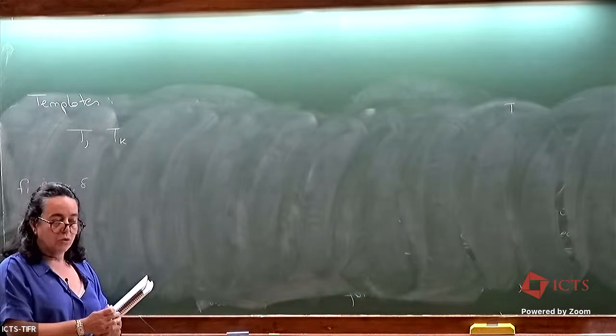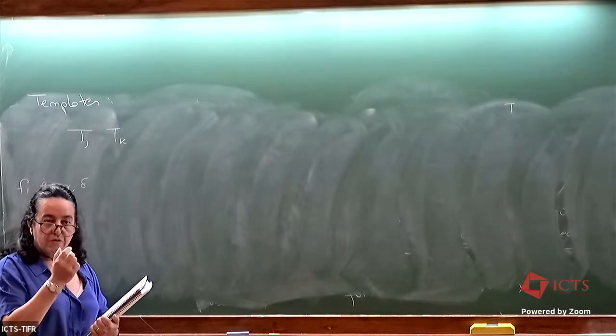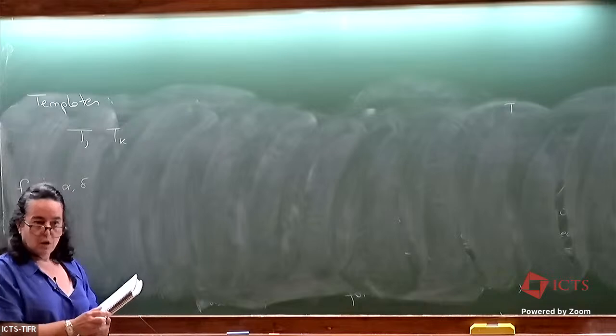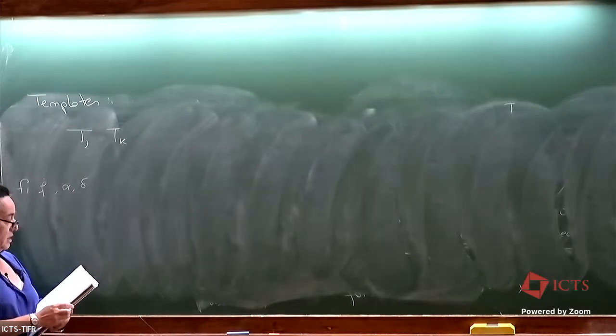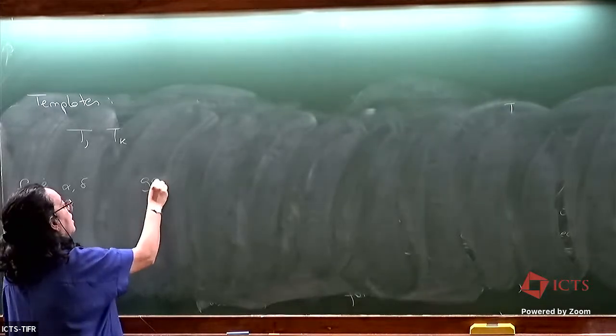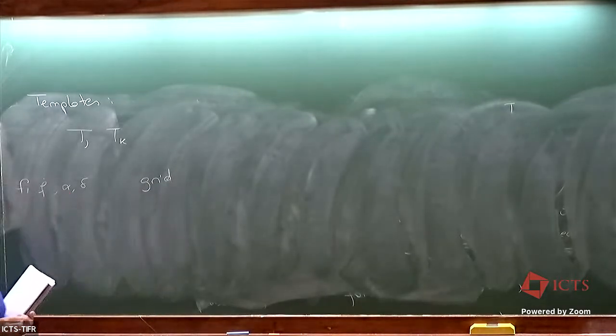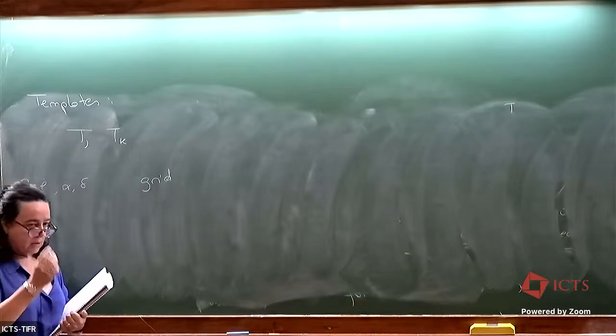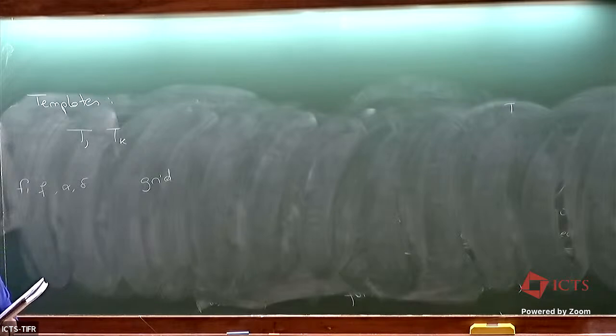Of course, I cannot do that with an infinite resolution. So in my parameter space, I will have to put a grid. Of course, I can avoid the grid and do gridless methods.